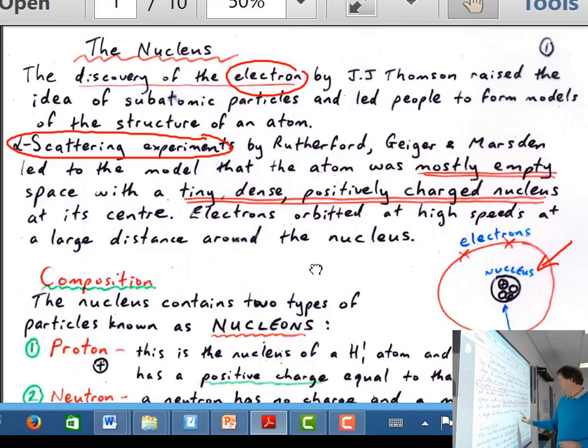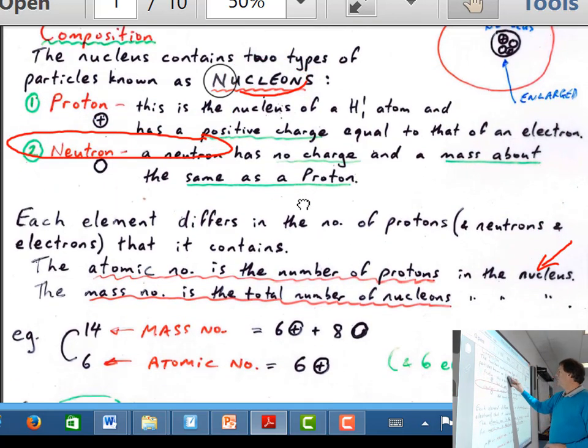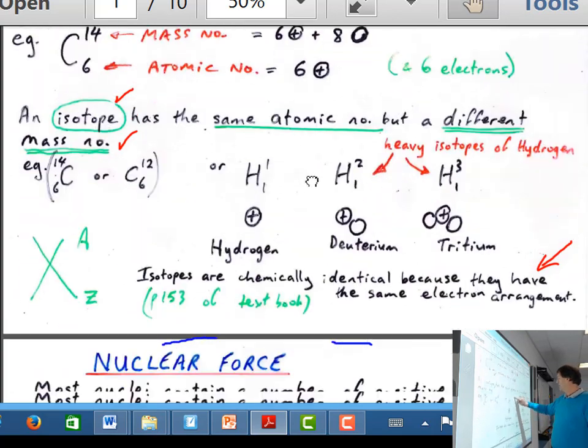The new thing we've introduced here is the idea that the nucleus contains nucleons, which are your protons and your neutrons, the neutral particles. They sit in the middle. And you can get isotopes of that which have the same atomic number but different mass numbers because we've got a different number of neutrons in there. Okay? So, what holds it all together when you get some large repulsions there?